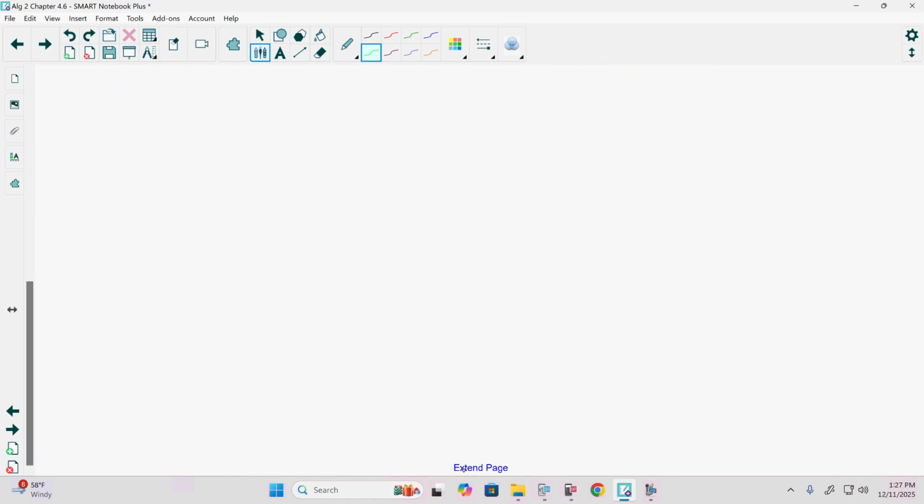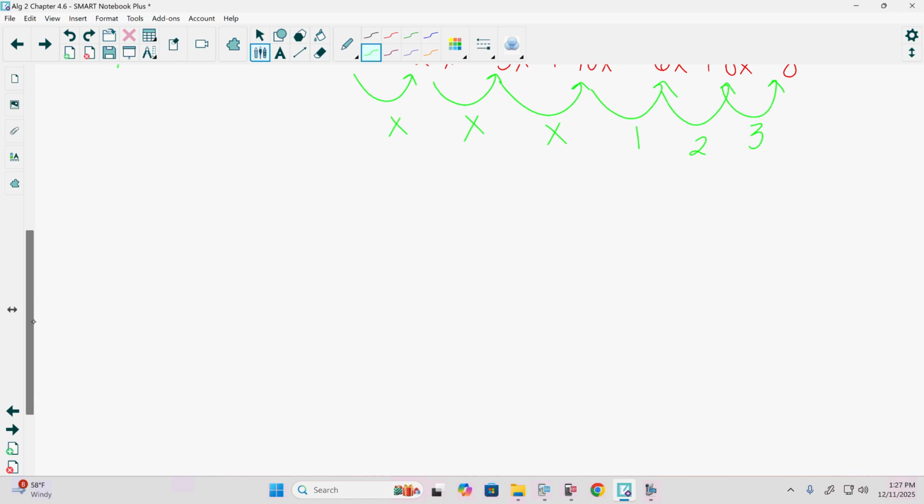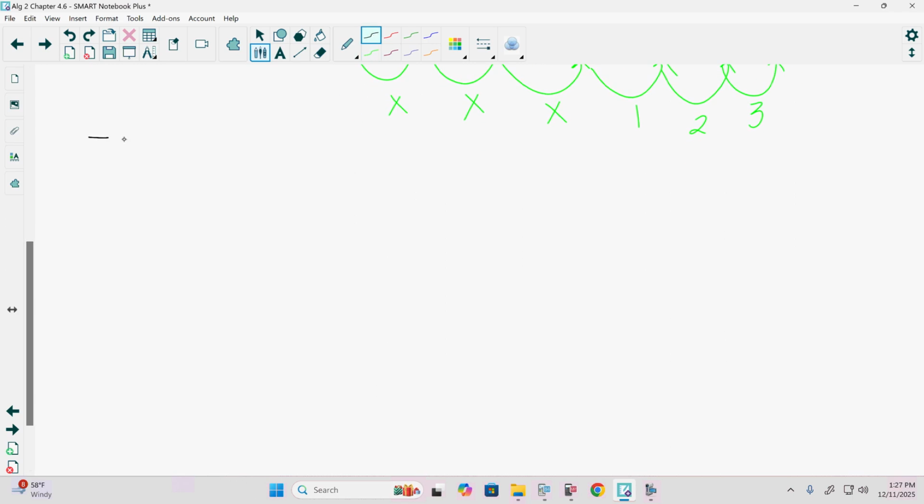So the answer for these is going to come in the form of a table. Because we can have positive solutions, negative solutions, and complex. Complex is not listed in either of the two because when complex solutions show up, we do not cross the x-axis, so they cannot be considered positive or negative.